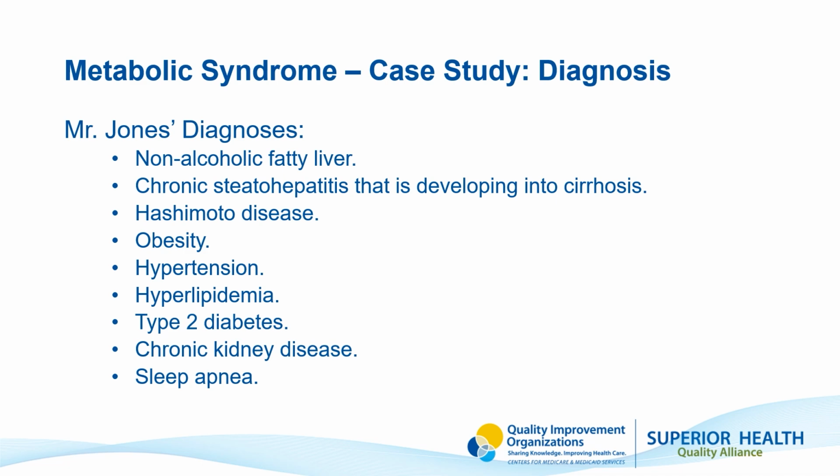Hashimoto's disease, that's a chronic autoimmune disease, it just means your autoimmune system is attacking the thyroid gland. Obesity, hypertension, hyperlipidemia, however, it is under good control. Type 2 diabetes, chronic kidney disease, and he has a very rare and risky form of sleep apnea.